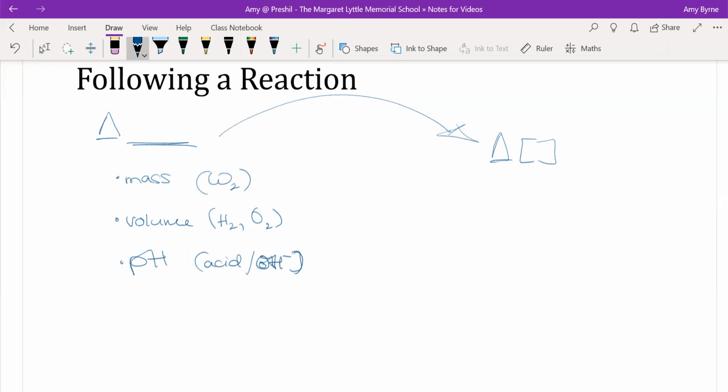So if you've got a pH probe and you stick that in, if your reaction is either consuming acid or making acid, we can monitor the reaction from that. In certain circumstances, you can measure colour if you're using a colorimeter. That works best for things with transition metals and also some organics.